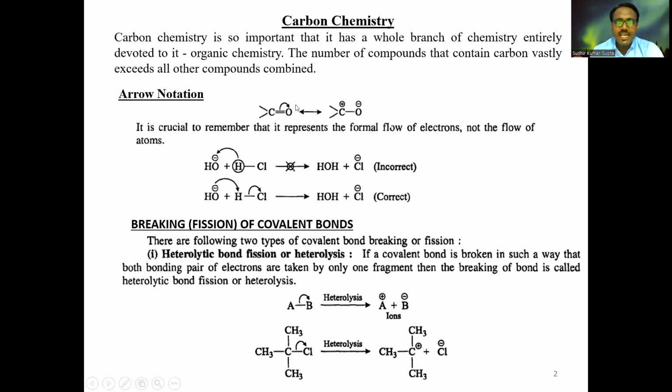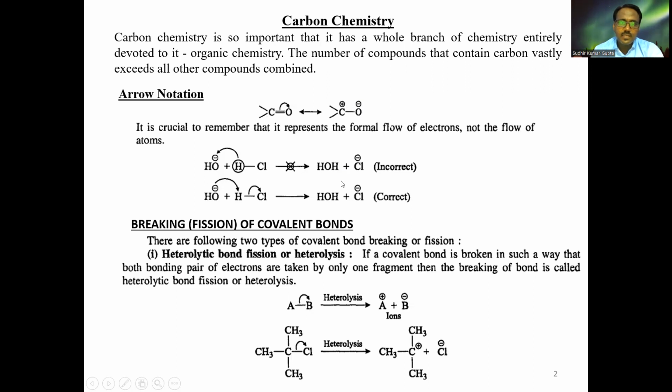This arrow's direction should always be in the direction of flow of the electron, not in the direction in which a particular cation or anion or radical is moving. So this is a shared pair of electrons. This is moving towards oxygen. So the arrow should be directed towards the oxygen atom.